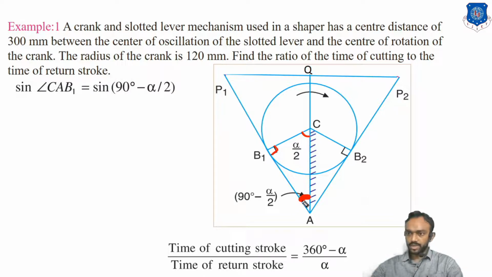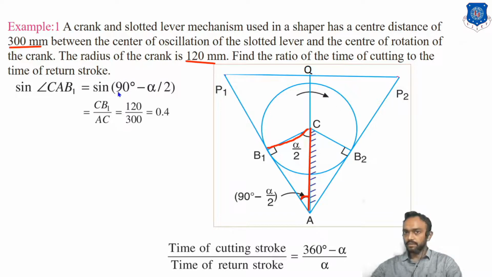We know that this angle is 90 minus alpha. Sine of (90 minus alpha) by 2 is equal to the opposite side CB1 divided by AC, and both values are already given in the example, which are 120 and 300. So it is 0.4.